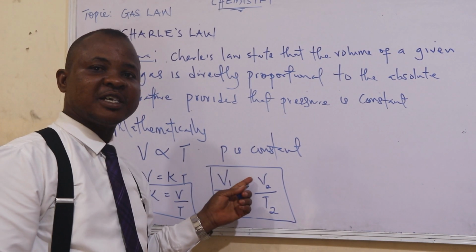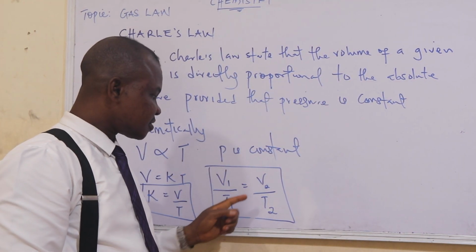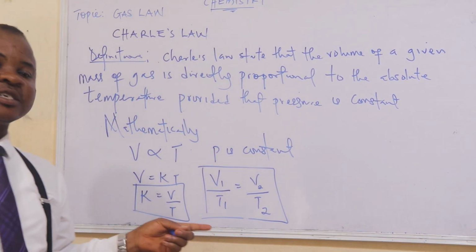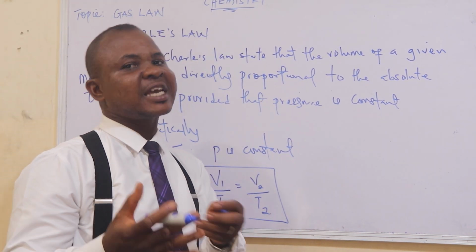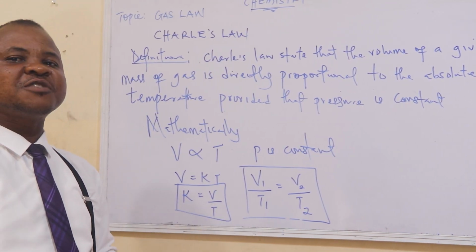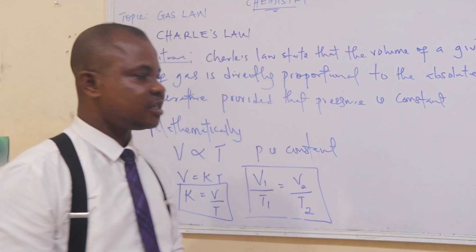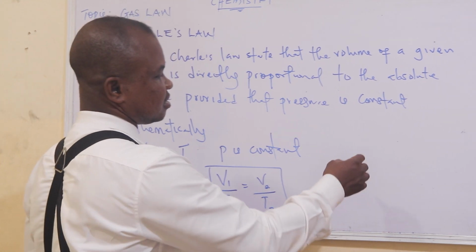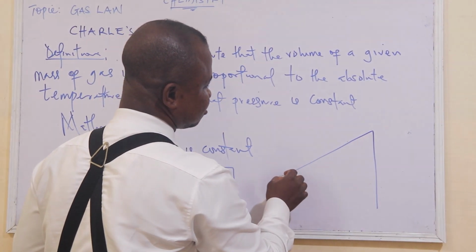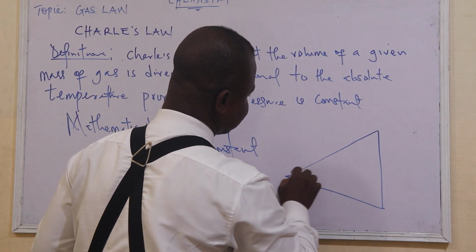We have V1 here as the initial volume, V2 is the final volume, T1 is the initial temperature in Kelvin, and T2 is the final temperature in Kelvin. Now take note of this. I'm trying to draw something. Please take note.